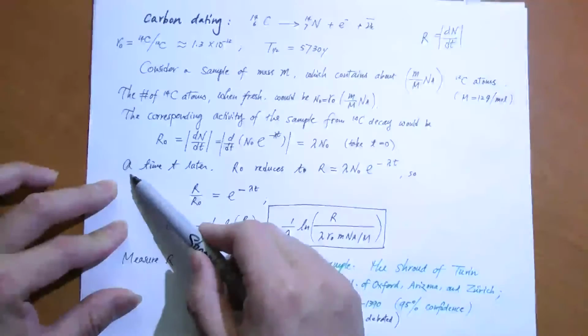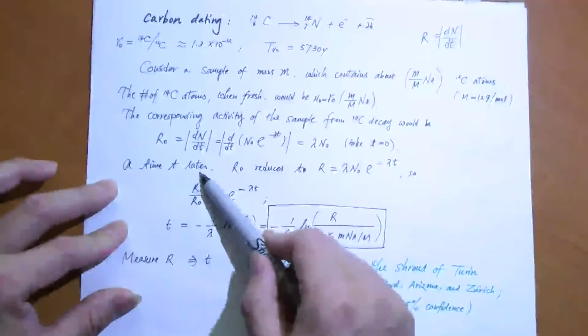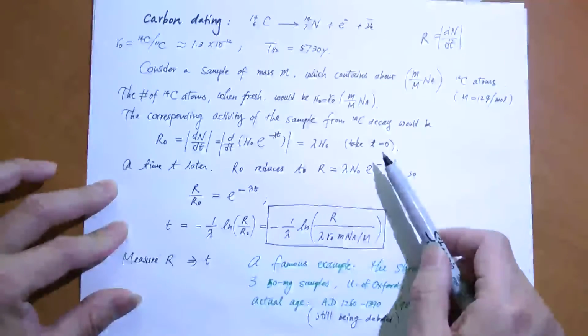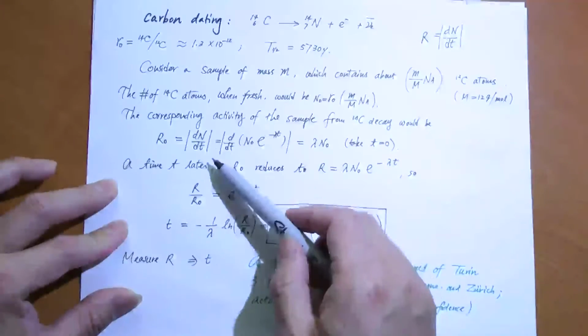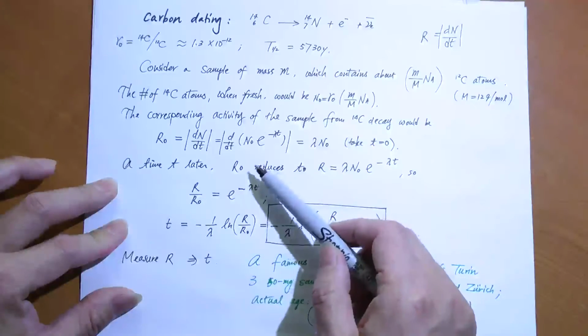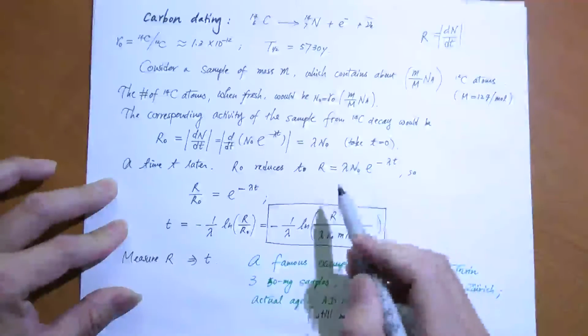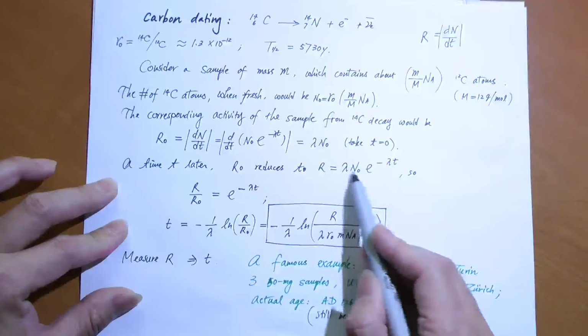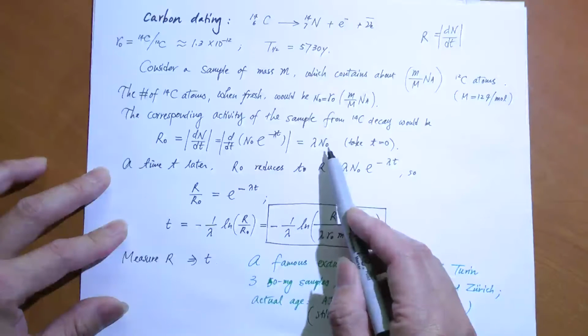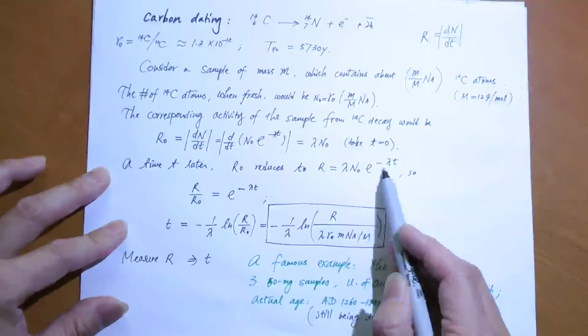Now, if you wait for 1,000 years or 2,000, whatever, a time t later, this activity will diminish because the number of carbon-14 radioactive elements has dwindled. The current value of R is lambda times N naught times e to the negative lambda t.